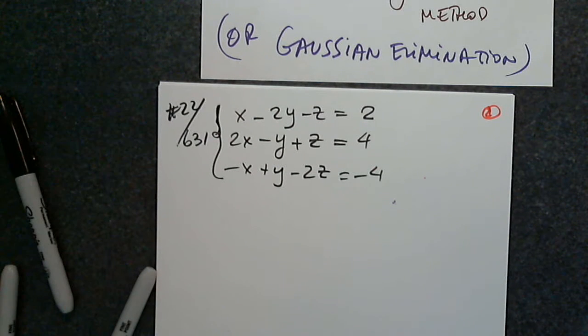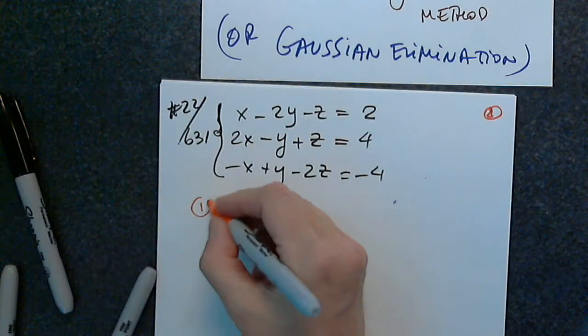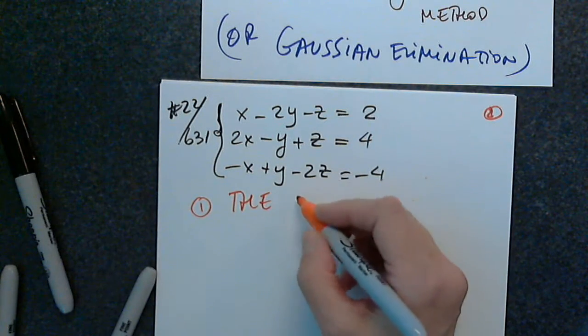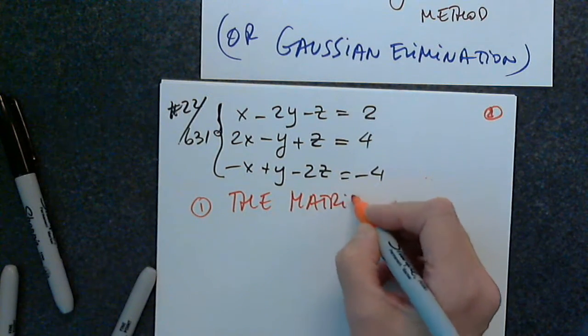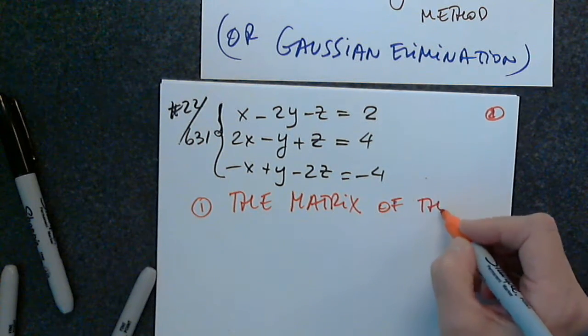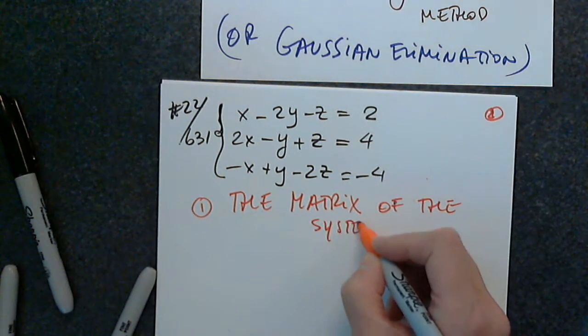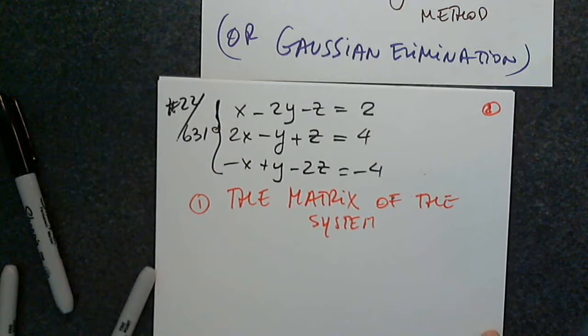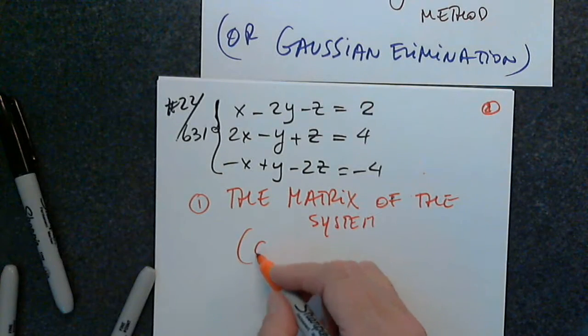Number 1, the matrix of the system, also called the coefficient matrix.